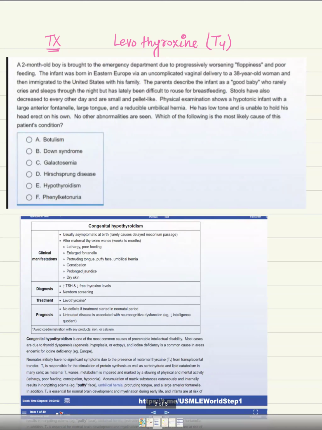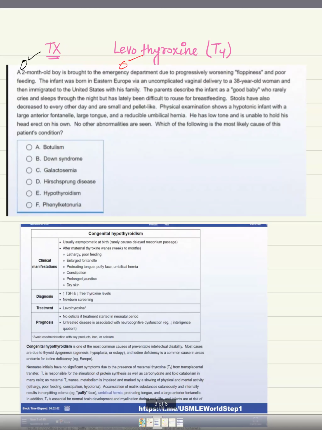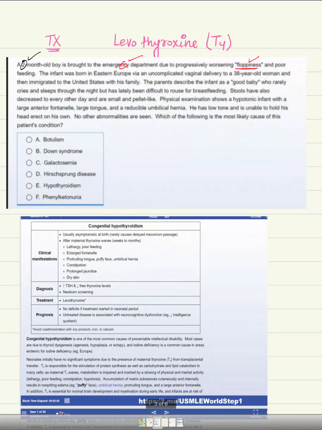Okay, so the question is: we have a 2-month-old boy who came to the emergency department showing signs of floppiness and poor feeding. The infant was born in Eastern Europe via uncomplicated vaginal delivery to a 38-year-old woman, and she migrated to the US with her family.